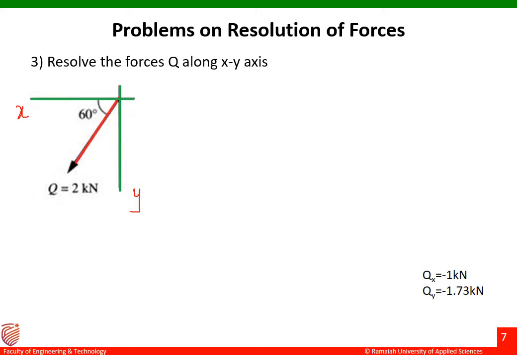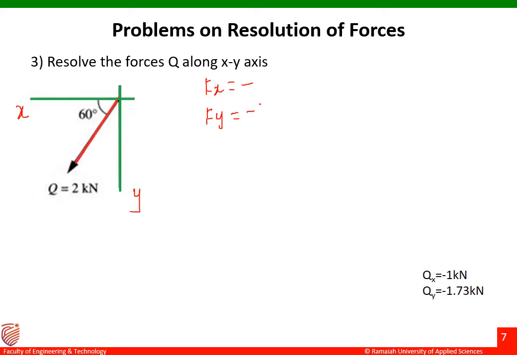You can see here this force Q equal to 2 kilonewton falls in third quadrant. If it is falling in third quadrant, Fx will be negative and then Fy will also be negative. This we have already discussed in the previous session. So the answer for Fx and Fy will be negative.